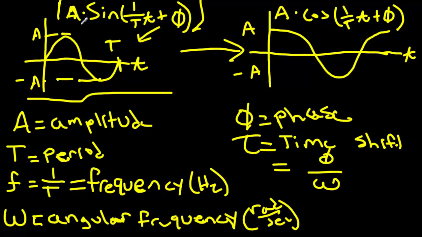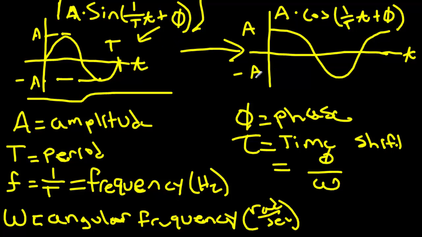This sine wave has an amplitude A times the sine of 1 over T, where T is the period, or how long it takes for one cycle, which is marked right here. 1 over T is actually our frequency, which we'll get to, plus our phase.